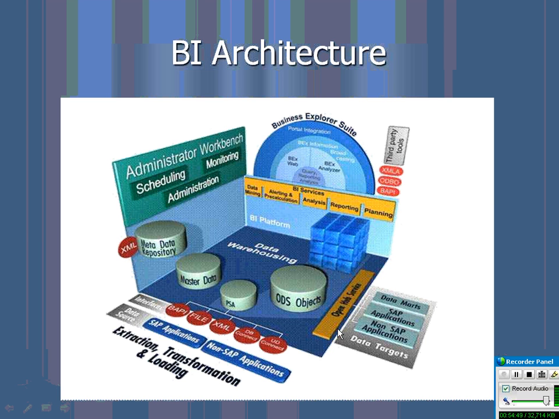Here you can see something called Open Hub Service. As of now we have been discussing extraction. Now say I want retraction. Retraction means from BI I need to pull the data to some other system, a third-party system. Or whatever data is there in the cube, I want to send it into some file. So I can send it to SAP applications or non-SAP applications.